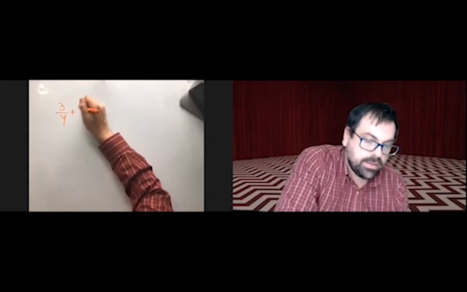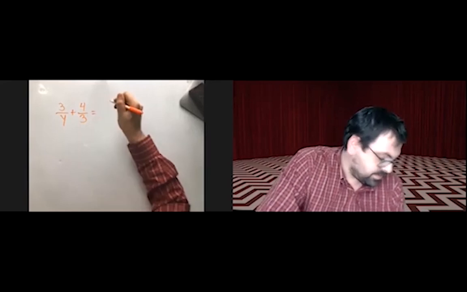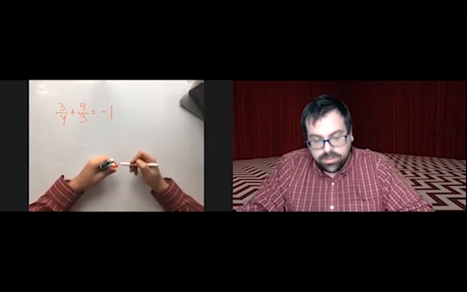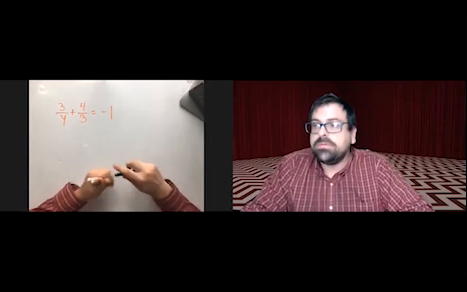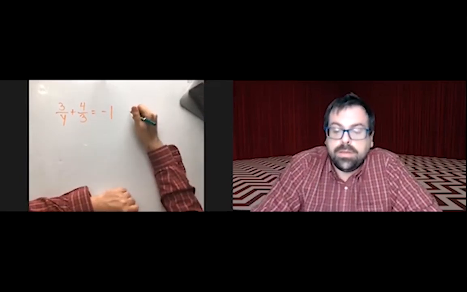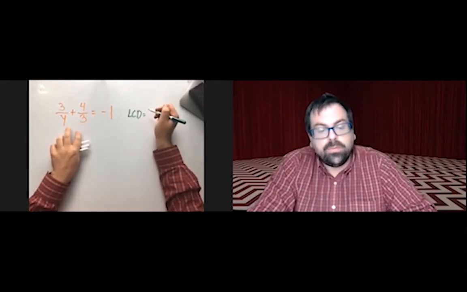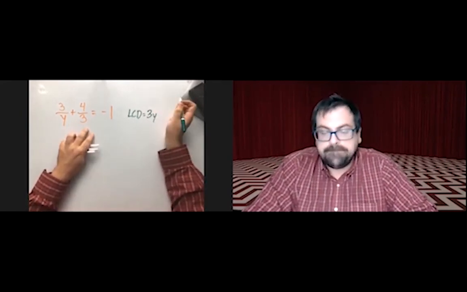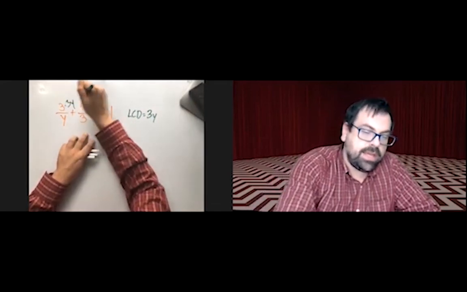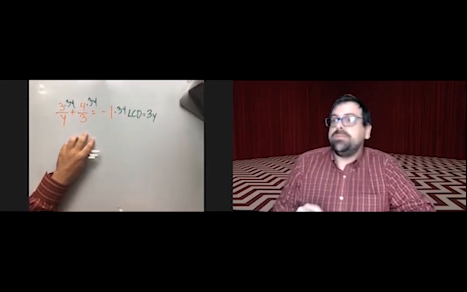Three over y plus 4/3 equals -1. The LCD of everything: we need the y, we need the 3, so 3y. 3 times 3y, 4 times 3y, -1 times 3y.